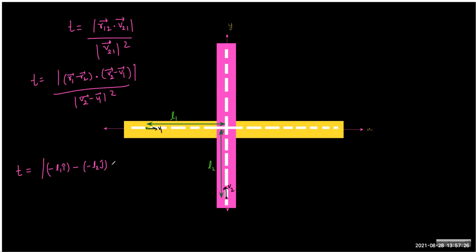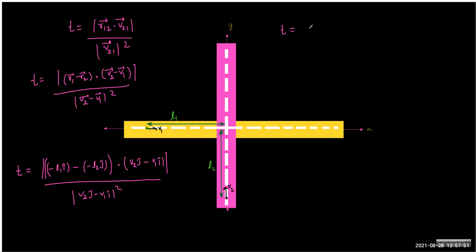Minus L2 J cap, just below the origin. And then take the dot. V2 is V2 J cap, V1 is V1 I cap. And so V2 J cap minus V1 I cap, mod square.